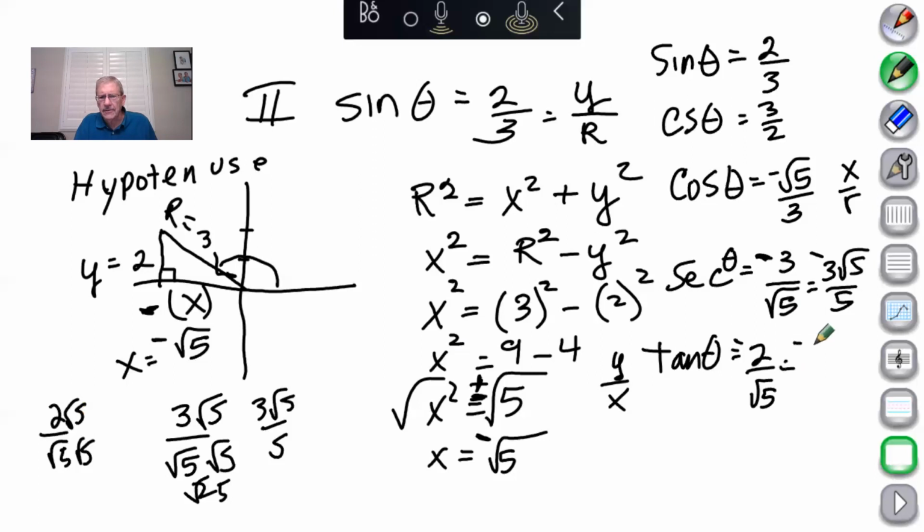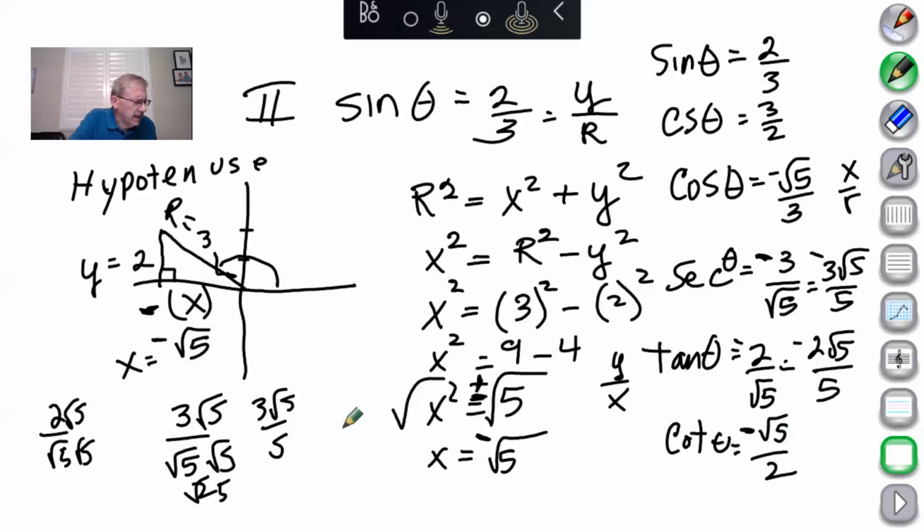It's going to be negative 2 radical 5 over 5. And what about the cotangent theta? Well, this would be this upside down. It's still going to be negative radical 5 over 2. So only when the radical's in the denominator do you have to worry about it. So that's how you would go about it, and a lot of times that's how you can do it.